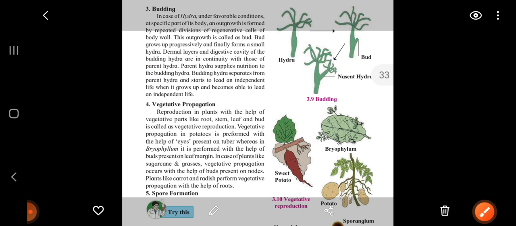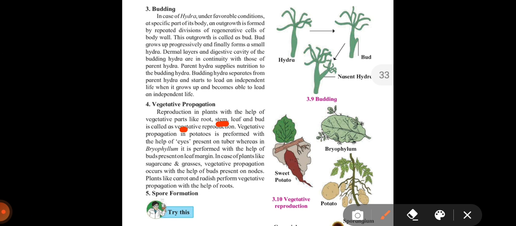Moving ahead, vegetative propagation. Here, reproduction in plants with the help of vegetative parts like root, stem, leaf, and bud is called vegetative reproduction. There are some plants whose parts have the ability to start a new plantlet from parts like root, stem, leaf, bud.